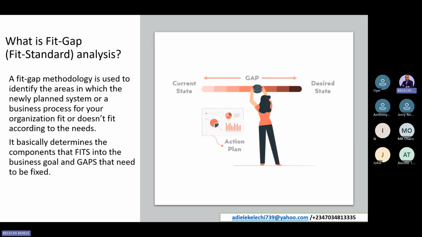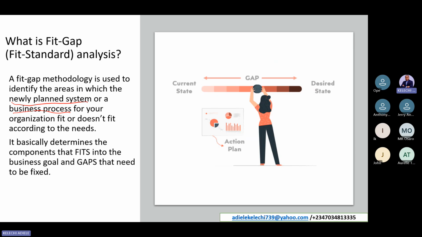Now, we have said that the fit to gap methodology is used to identify areas in which the newly planned system, or take note, guys, the newly planned system or business process for your organization, fits or doesn't fit according to needs.